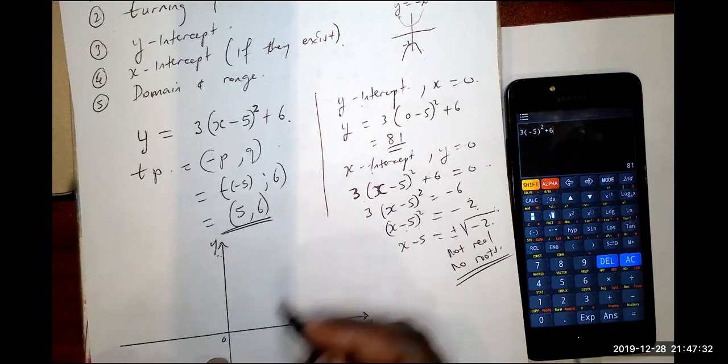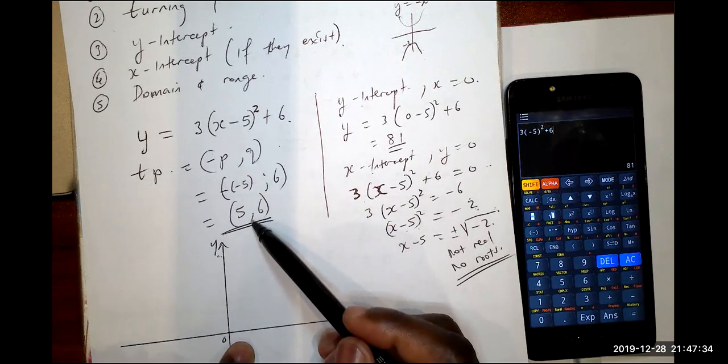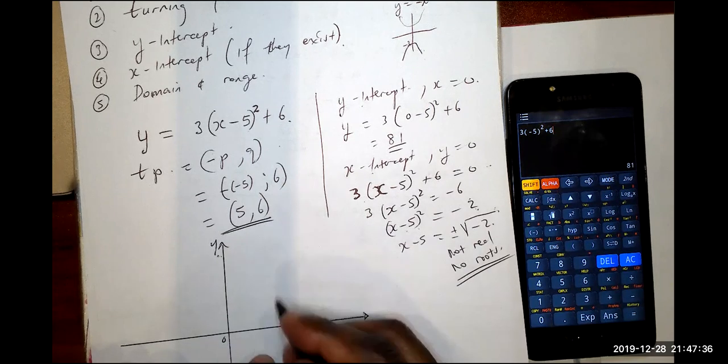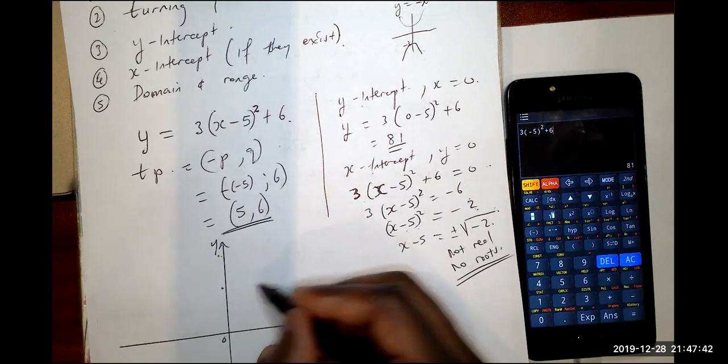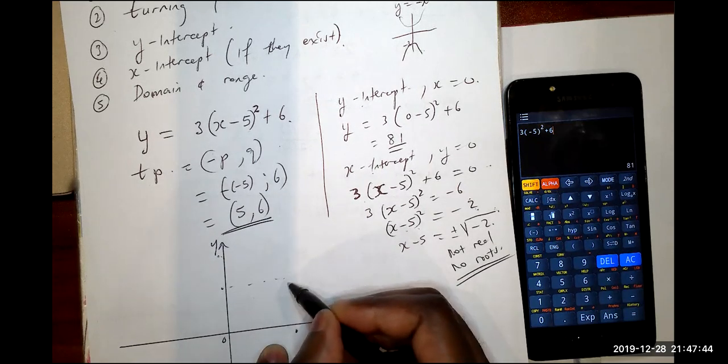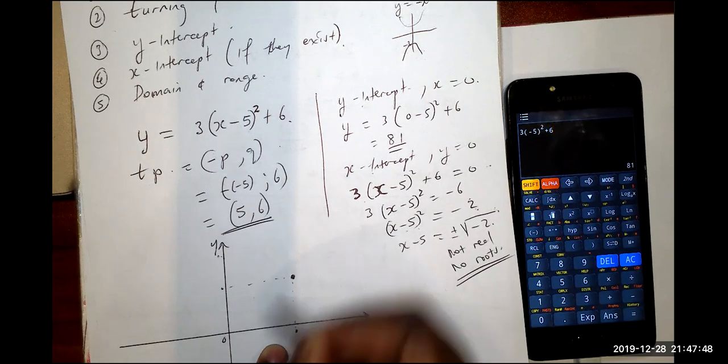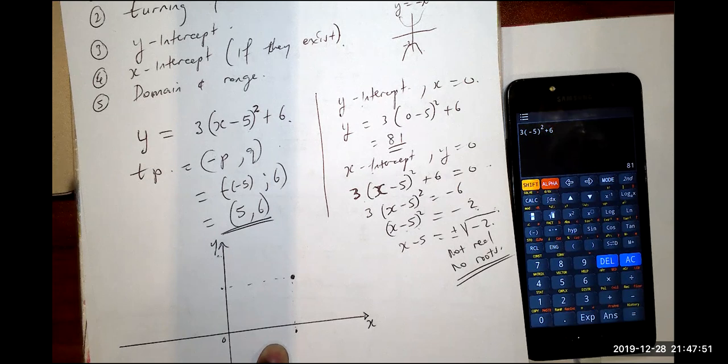This is our 0, so let's say 5 is here and 6 is somewhere here. Where these two meet, it's actually here. That's our turning point. Then what is our y value? Our y value is 81.